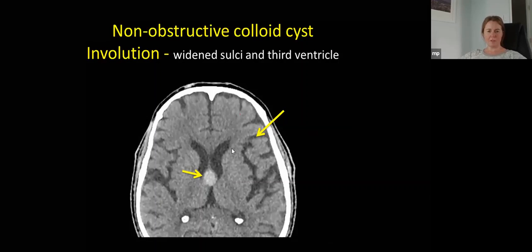So because of this sort of proportionate enlargement of the lateral ventricles, you would say this looks like a non-obstructive colloid cyst. And in a patient with involution. So involution, the word, means age-related volume loss. So you don't have to say age-related involution, but you can say age-related change or involution.